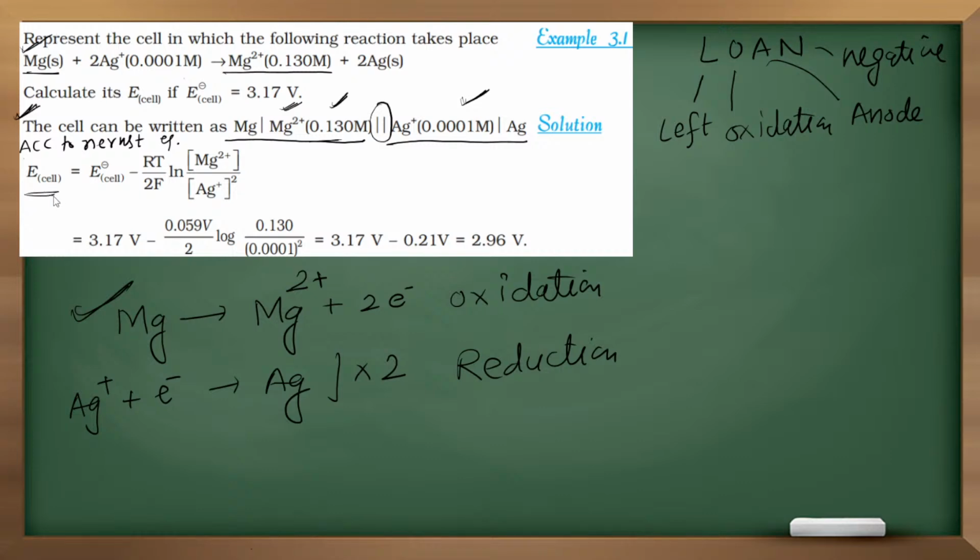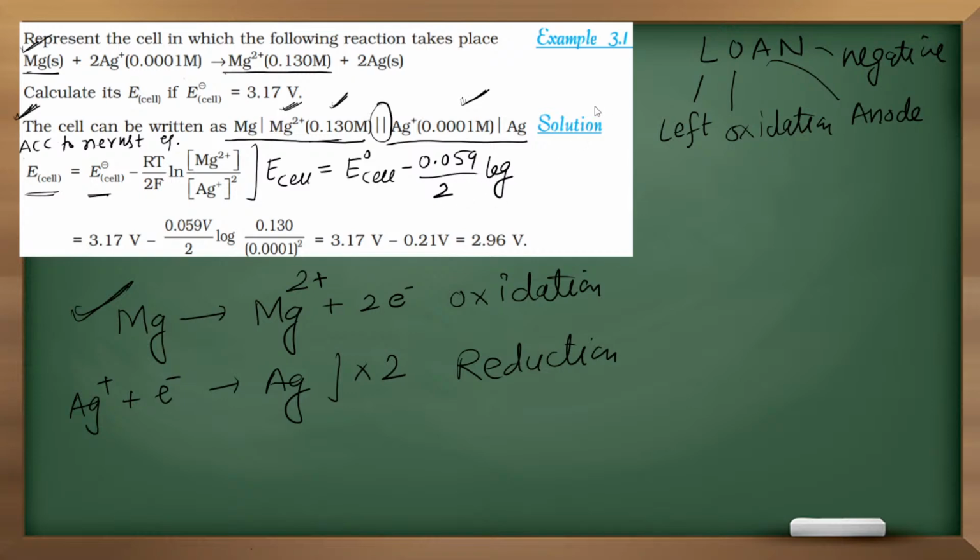So E cell equals E naught cell minus 0.059 over n. So n for this particular reaction is 2.